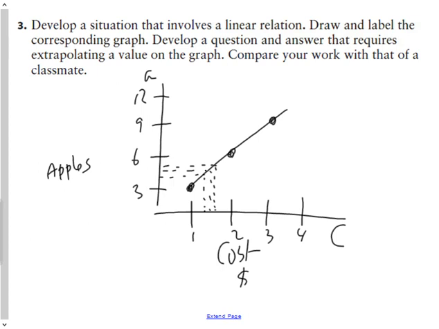No. You cannot buy 1 1/3 apples, but you can buy 4 and 5 apples. So these points here are okay to interpolate, but not partial ones in between here. You can't buy 4.5 apples. So because you can't, certain points are, but not all points.